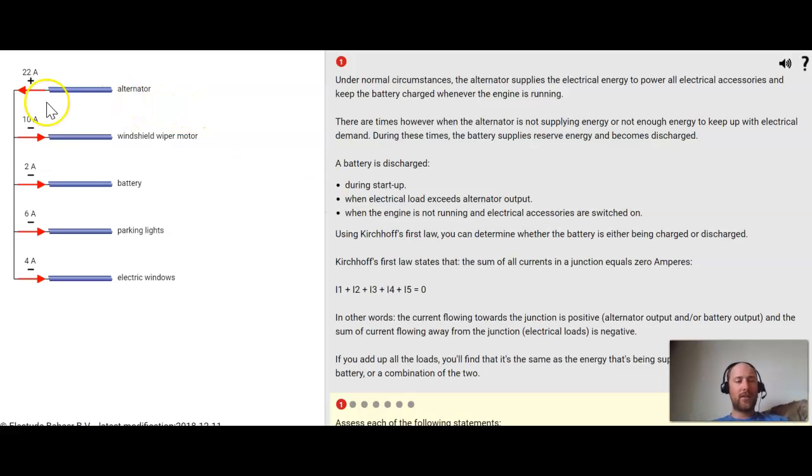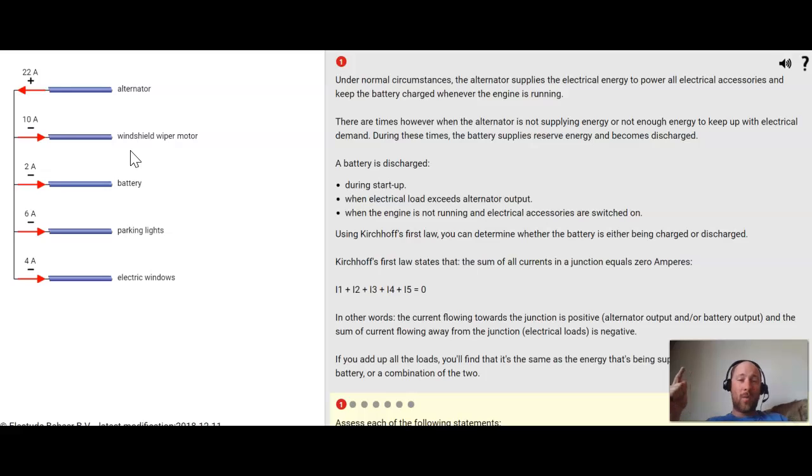If we look at this diagram on our left, we see arrows either pointing left or right. You notice for the alternator, we have an arrow to the left with a plus 22. That means it's supplying 22 amps of electrical current. You can think about that as a net positive, like charging something. We see that 10 amps negative are going to our windshield wiper motor.